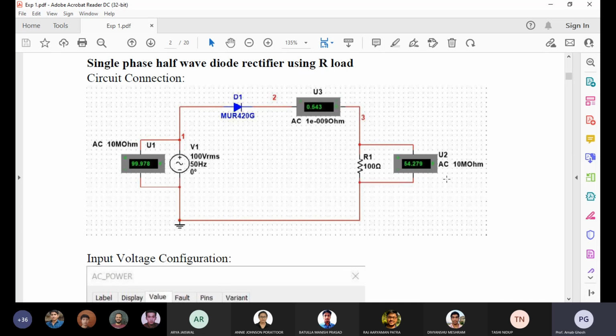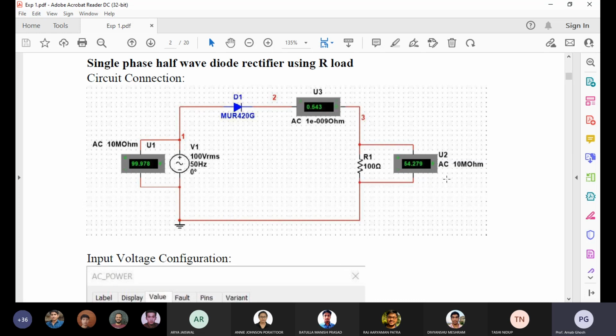Our main motivation in this lab is changing the load pattern: how the load voltage is affected, how the system behaves with changing load value. That is our agenda. The rest is very basic; anybody, even a first year student, can do the simulation. But our target is how the system behaves with changing values.